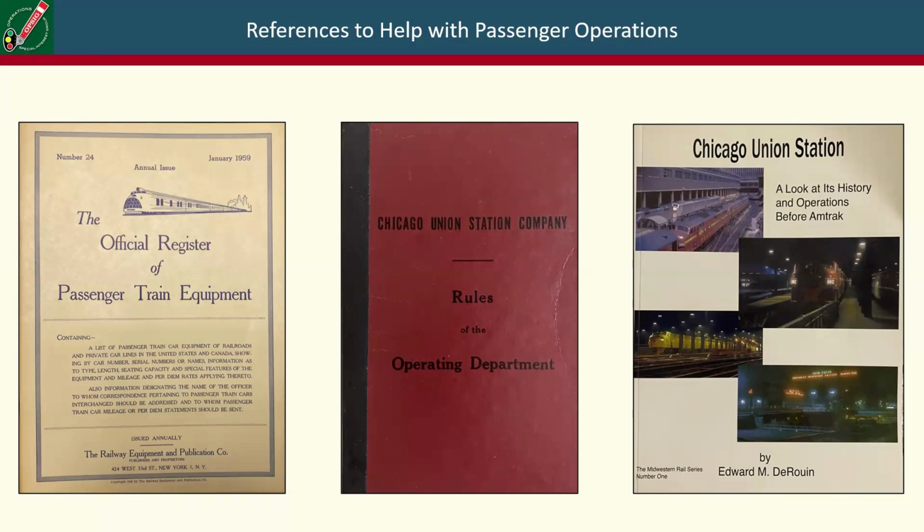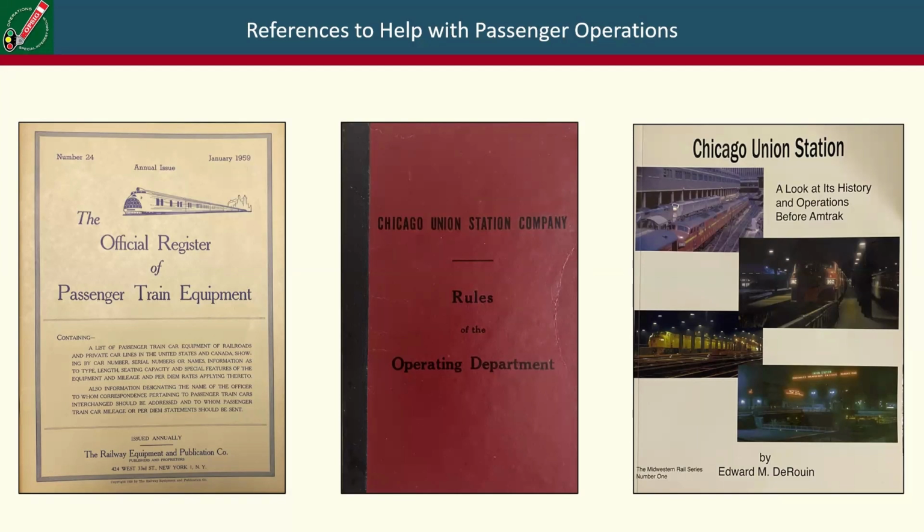In the middle, I model the Chicago. So if you can find a rule book for the station you model, that will greatly help and make your operations more realistic. I base some of what I do for Chicago Union Station on the actual rule book for Chicago Union Station, which helps.